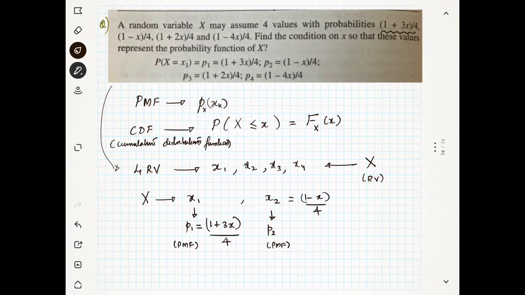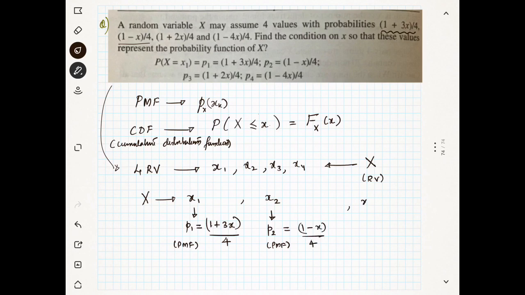It has been given here. X2 is the random variable, and its probability is 1 minus x divided by 4.